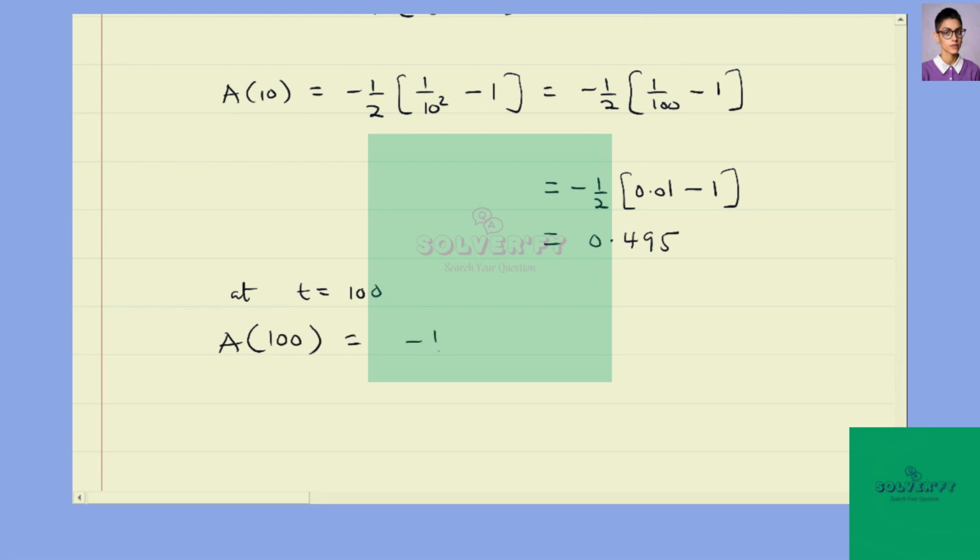So that is negative half times 1 over 100 squared minus 1.